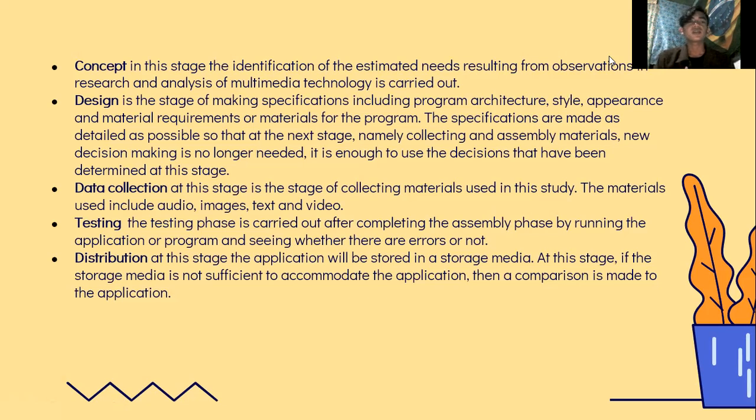Specifications are made as detailed as possible so that in the next step, namely collecting and assembling materials, decision making is no longer needed. It is enough to use the descriptions that have been determined in this stage.